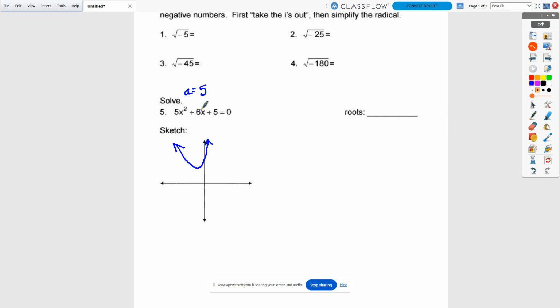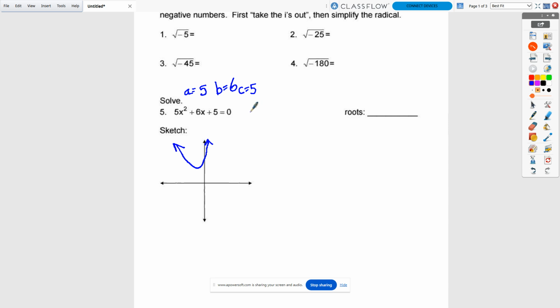That second coefficient would be my b value. So b is equal to 6. And then c is going to be that 5. So c is equal to 5. Then my quadratic formula: x equals -b plus or minus the square root of b squared minus 4ac, over 2a.